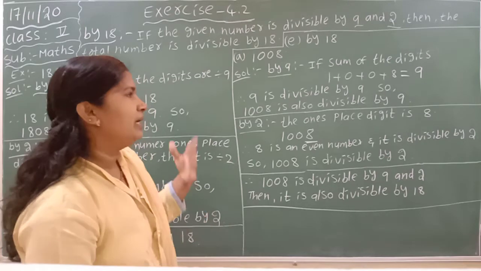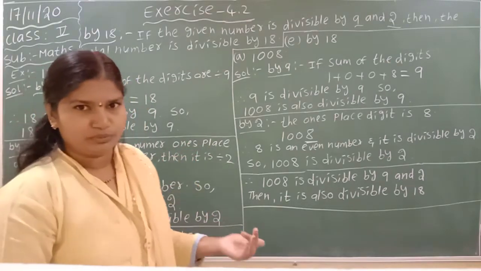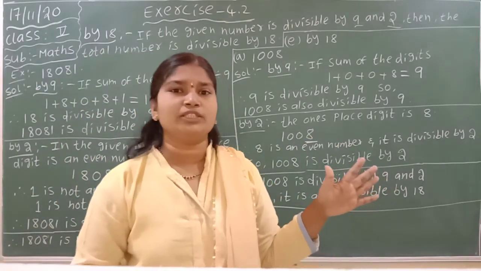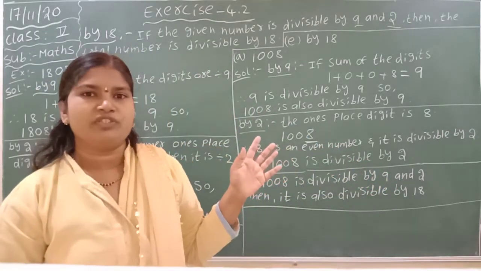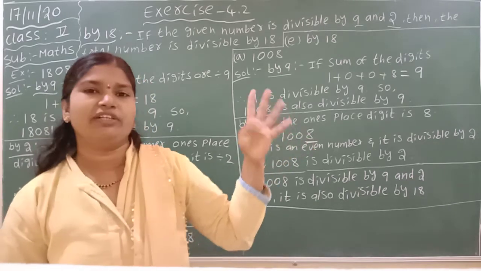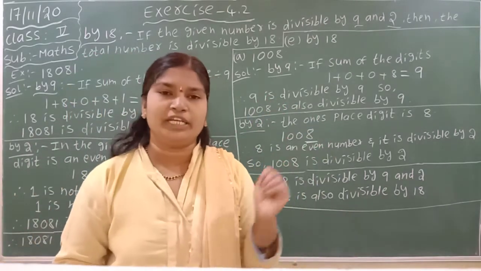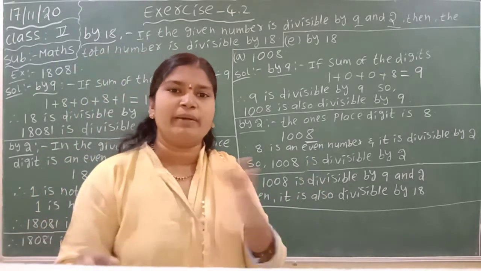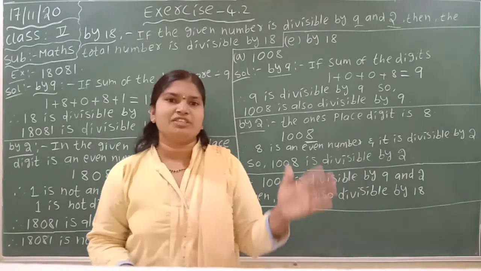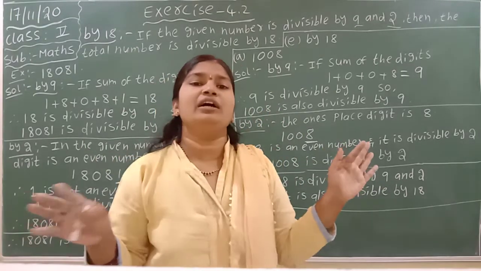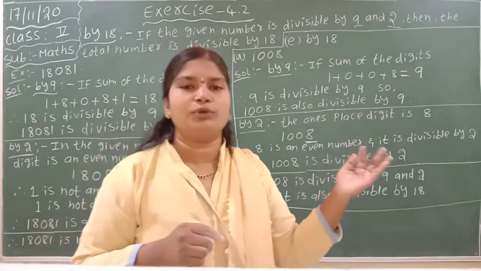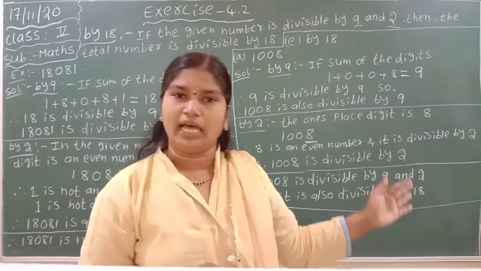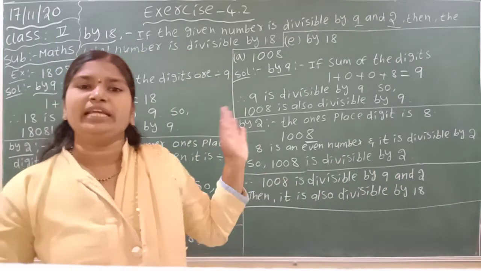For example, B question 752. 7 plus 5, how much? 7, 8, 9, 10, 11, 12. 12 plus 2, 14. 14 does not come in the 9 table. So it is not divisible by 9. If it is not divisible by 9, no need to check the divisibility by 2 rule. You have to directly write down: if the given number is not divisible by 9, it is not divisible by 18.